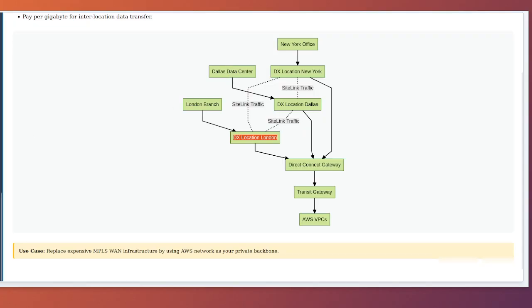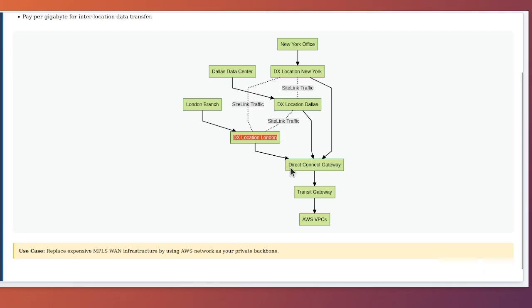With SiteLink enabled, traffic from New York can flow directly to Dallas through the AWS Global Network backbone, completely bypassing the public internet and your corporate WAN.